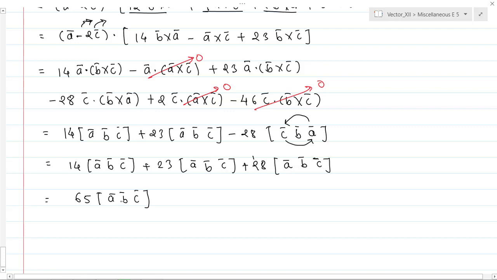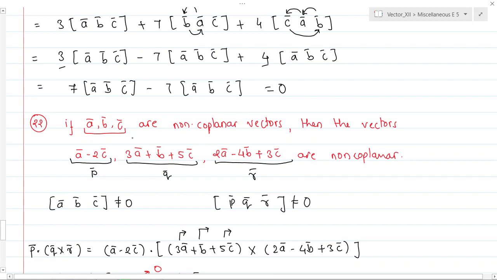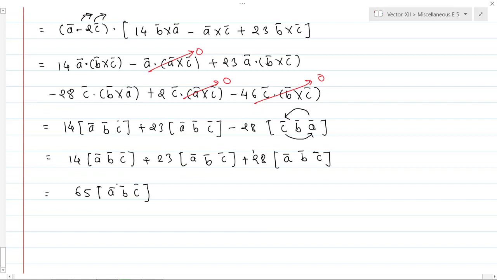And definitely what they are asking us to do is that here this is non-coplanar, meaning the box product of ABC is not equal to 0, of course. Then we have to show that this is also not equal to 0. Meaning this part is not equal to 0, meaning of course 65 into ABC will not be equal to 0, meaning this is also not equal to 0.